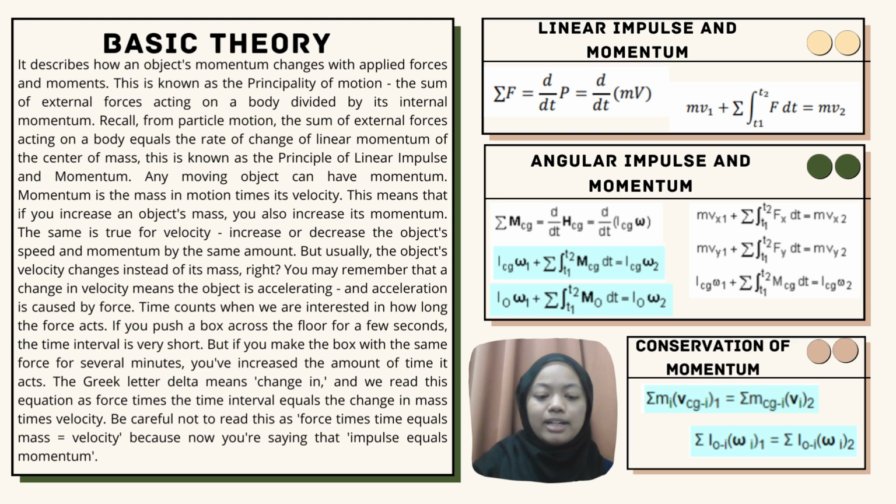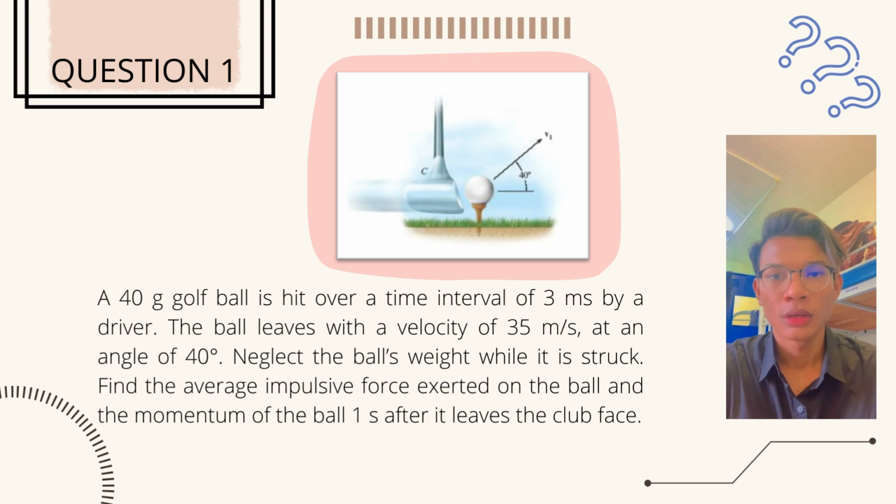The Greek letter delta means change in, and we read this equation as force times the time interval equals the change in mass times velocity. Be careful not to read this as force times time equals mass equals velocity, because now you are saying that impulse equals momentum. These are the examples of the equation that we use in calculation. Now I will pass to the next presenter.